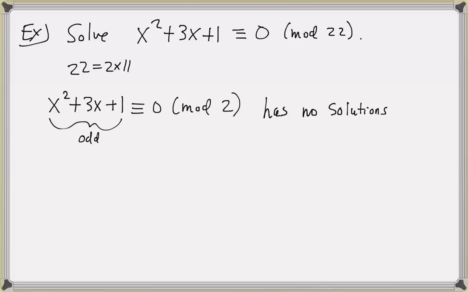When I add 1, it would be odd. So the left-hand side is always congruent to 1 mod 2, and so this will never be congruent to 0 mod 2. So since this congruence has no solutions, we can conclude that x squared plus 3x plus 1 congruent to 0 mod 22 does not have any solutions either.